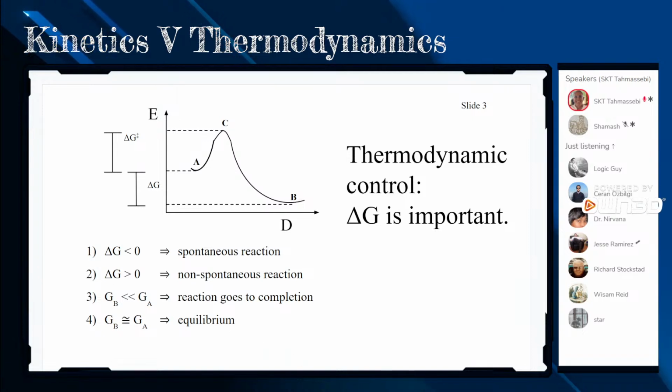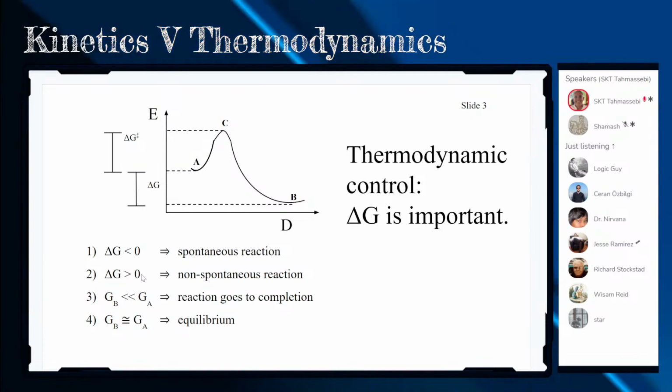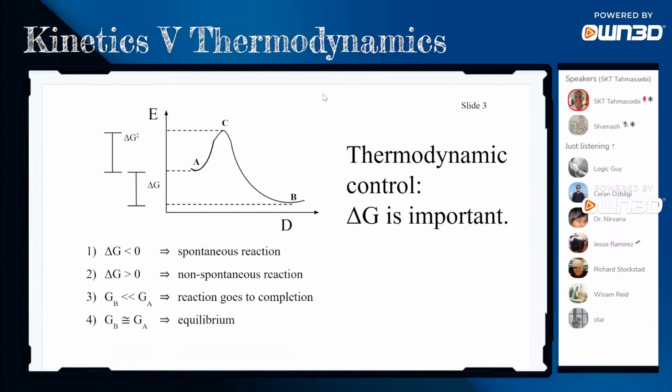Because the G of iron oxide is much lower than the G of iron and water, so you have a delta G negative, and the rusting of iron spontaneously takes place. Now, if delta G is greater than 0, that is, let's say, the reverse of this reaction, that's a non-spontaneous reaction.